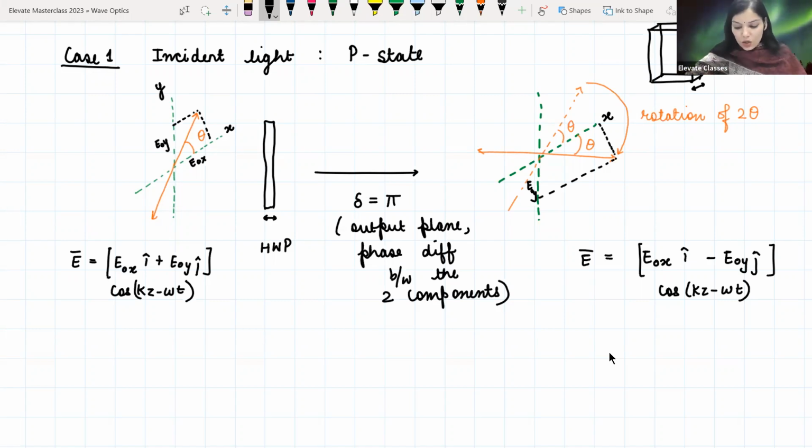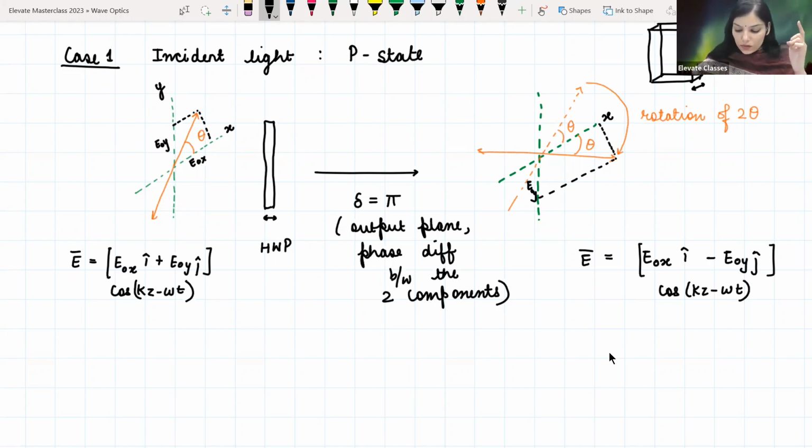And depending on how my optic axis is oriented, I will sort of flip the polarization. Flip in the sense I will rotate it. So if earlier my beam was oriented in the first and the third quadrant, and if the optic axis is parallel to the x, I will flip it like this, so that now it will be oriented in the fourth and the second quadrant.